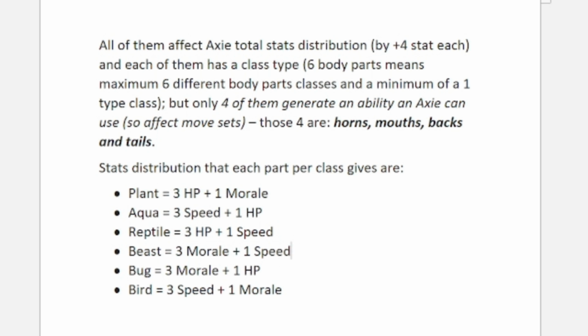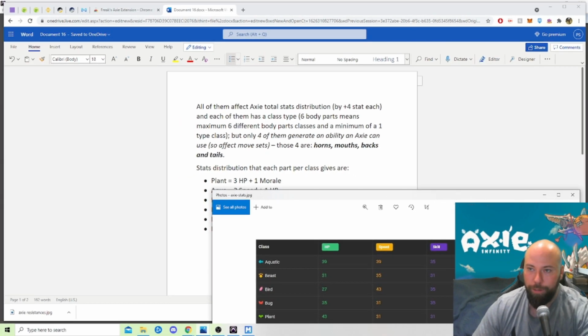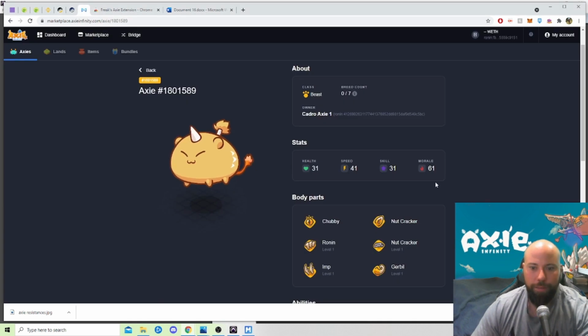So, quick math here. If I do 3 morale times 6 body parts, that's an extra 18 points. If I add those 18 points of morale onto 43, 43 plus 18, guess what we got, ladies and germs? We have a solid 61.